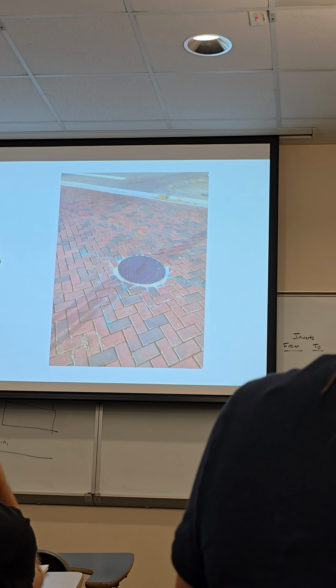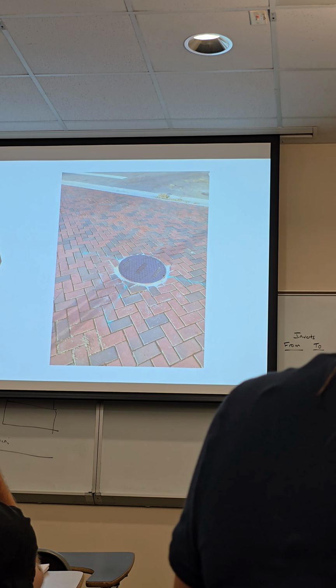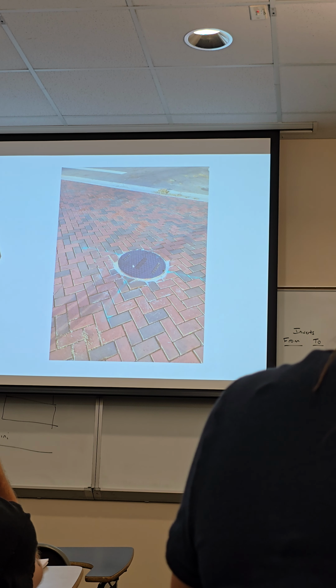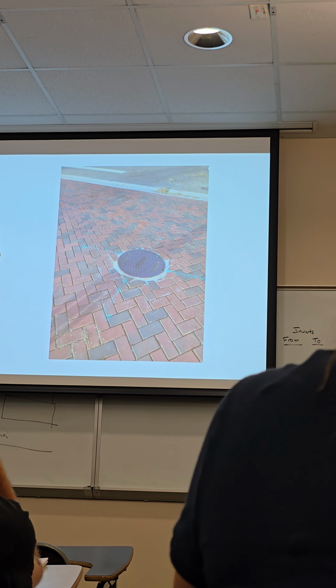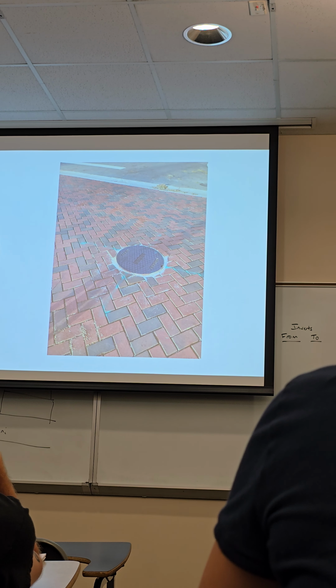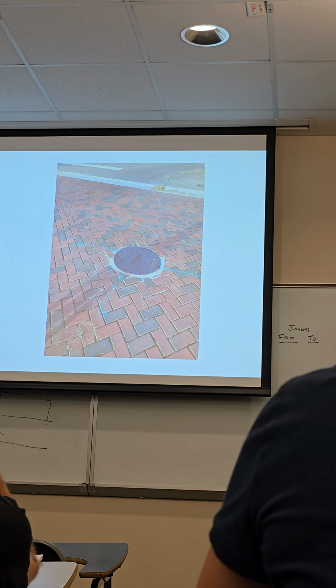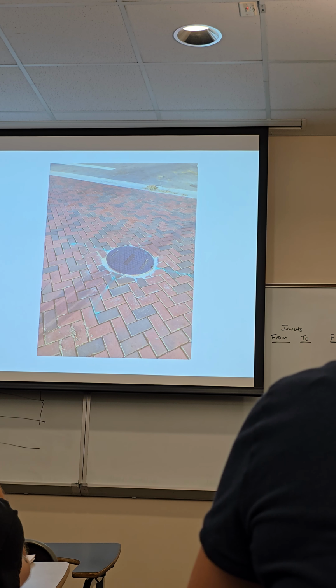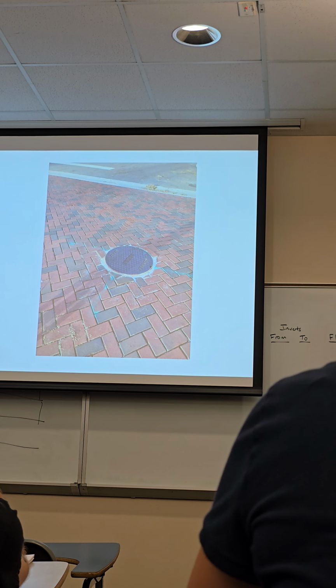The reason why I put this picture in here is something that as you progress in your career, you have to think about. A manhole has a lid, right? Usually a cast iron lid, and it's usually set either in the road or in some hard material. In this case, it's set in a bunch of brick pavers.